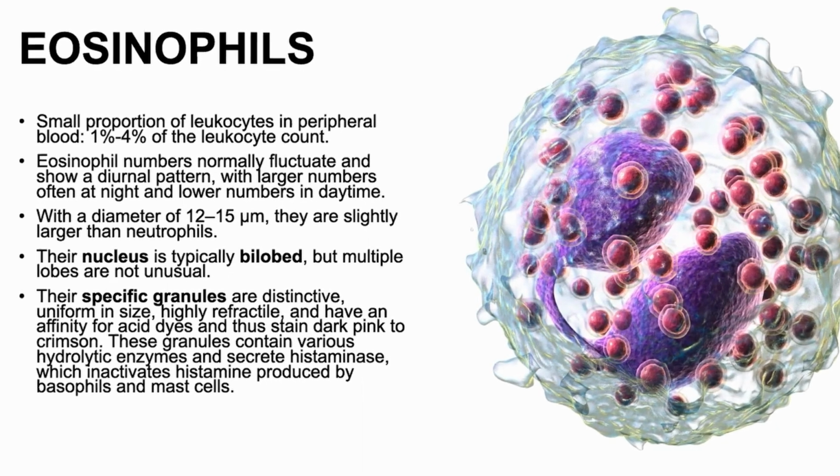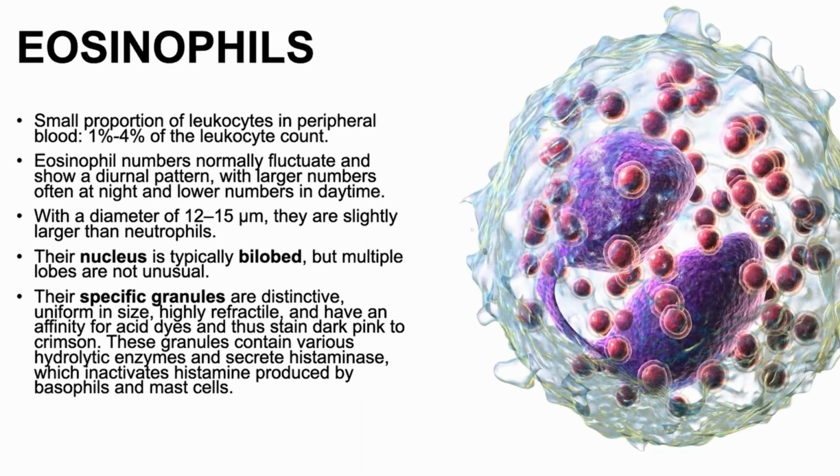And it makes sense because the eosinophils respond to allergies, pollen, whatever is in the environment. So the nucleus, as we said, just like the basophil, can be bilobed, and they also have specific granules that contain enzymes such as histamine as well, just like the basophil and the mast cell.